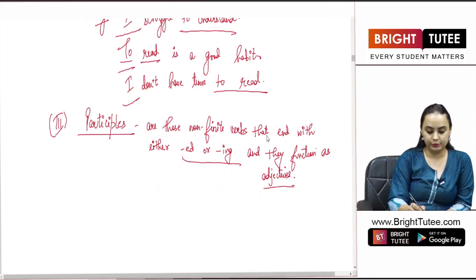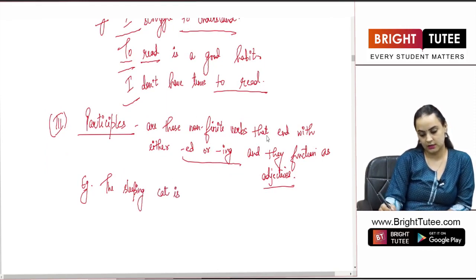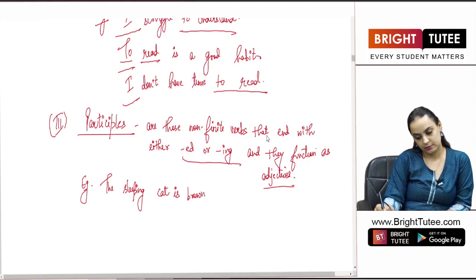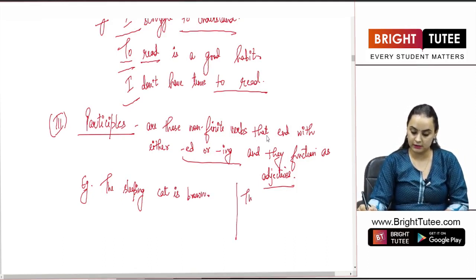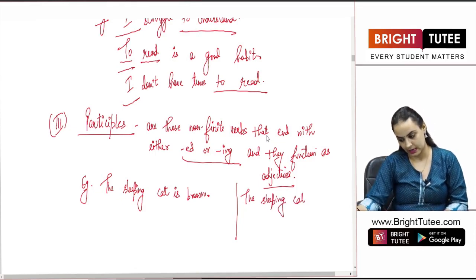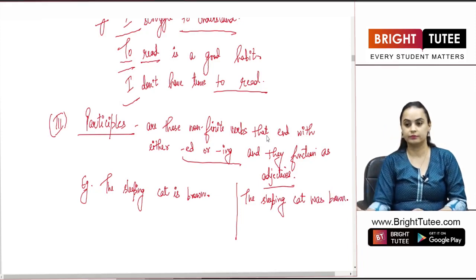For example, the sleeping cat is brown. And if I write this in the past tense, the sleeping cat was brown.